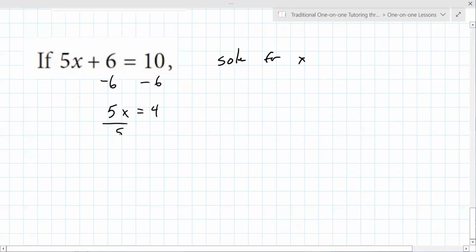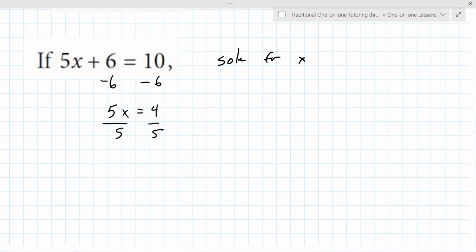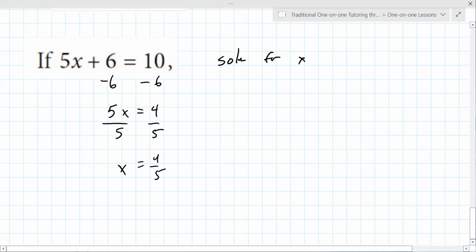So how would you say that out loud? 4 divided by 5. It's 4 divided by 5, right? Yeah, so we'll just go with 4 divided by 5. Now let's fill in the rest of this.